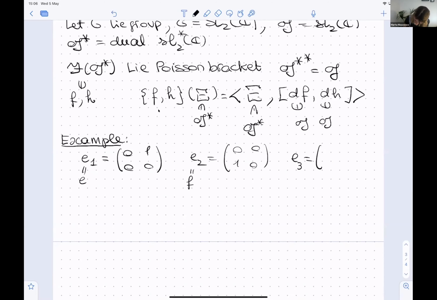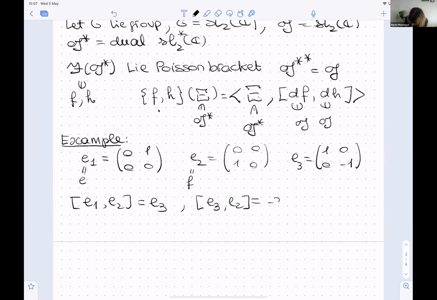There is a reason why I want to be able to use summation indices. And the commutation relations, so the Lie bracket on the Lie algebra, are given by these. I like this example because you can just compute it by hand. If you are tired in the evening, instead of doing Sudoku, you do this one.